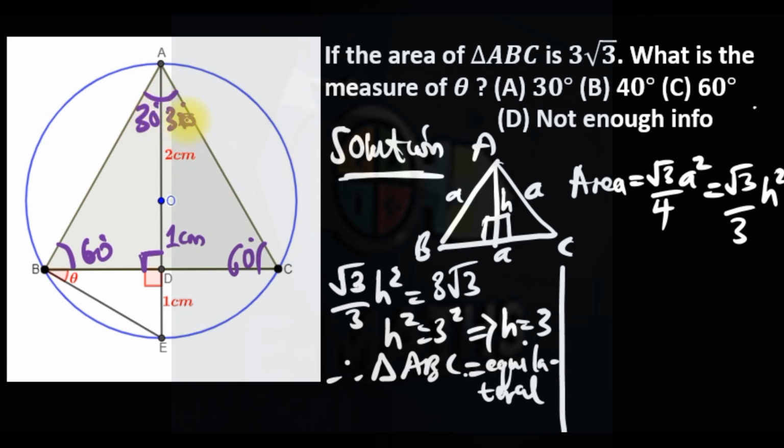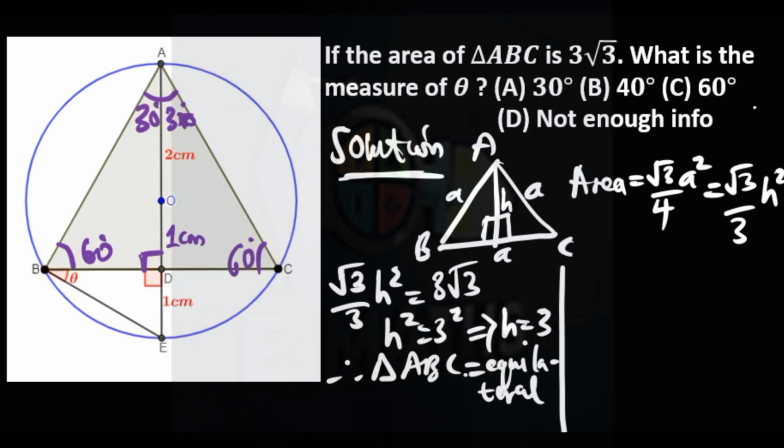So coming to the real question now, we're asked to find theta. As you can see, by Bow's theorem, remember Bow's theorem, angles in the same segment are congruent, or angles with the same intercepted arc. See the arc. So this and this are equal.